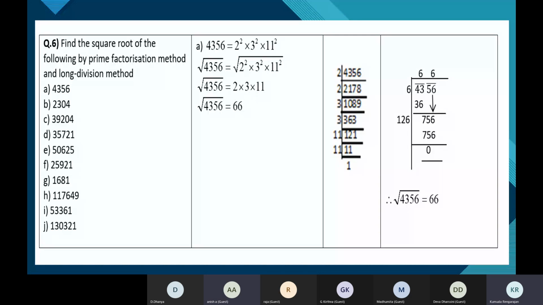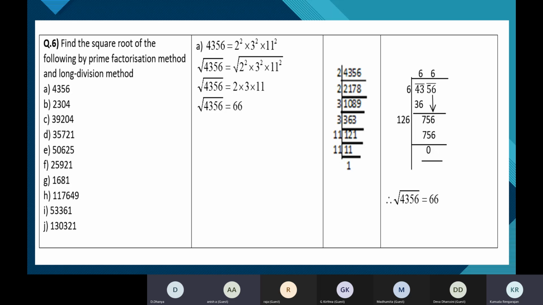What's the square root for the D1? 189, ma'am. 189, correct. Then for E? 225. 225, correct. F? 161. 161.